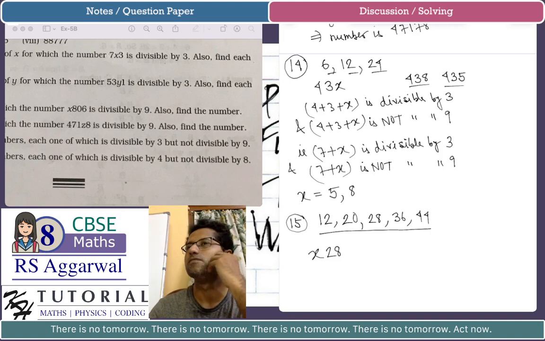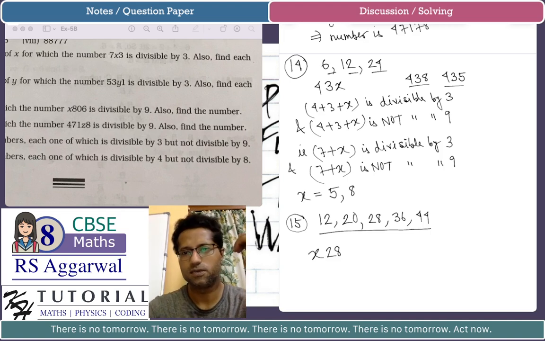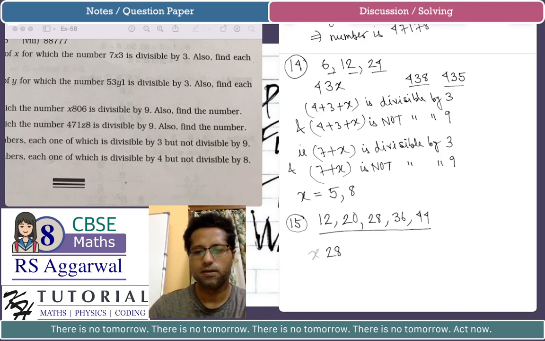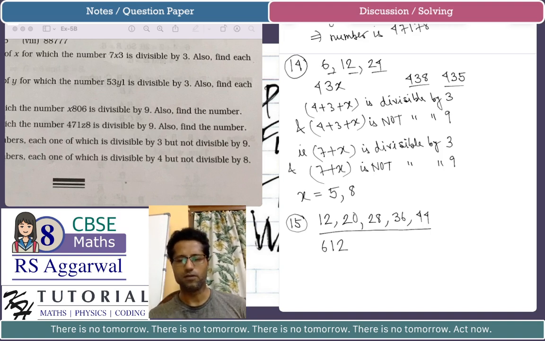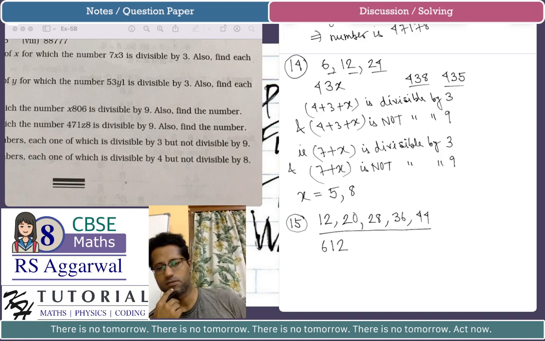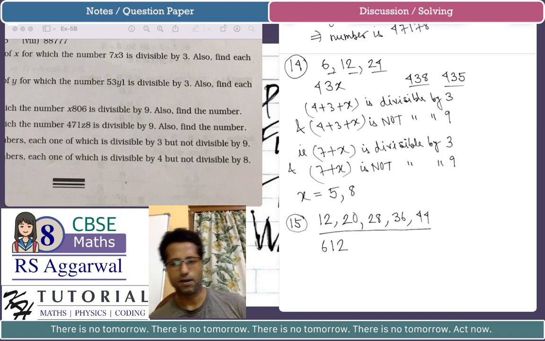Yeah, I think 612 is a three-digit number which is divisible by 4, because the last two digits, 12, are divisible by 4, but 612 is not divisible by 8.